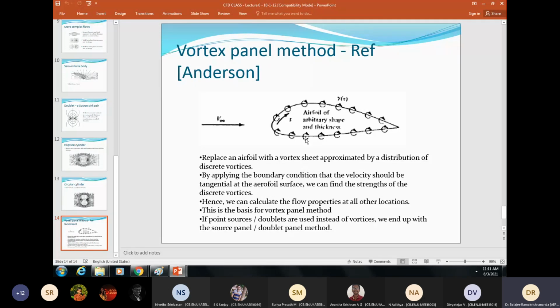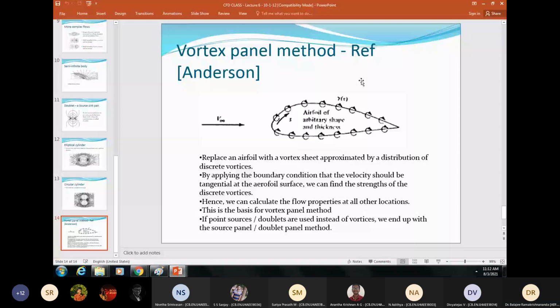Each of these will have an influence at all the points in the flow field. So at any point, it will be influenced by the free stream and every one of these vortices. Since phi is a scalar function of x and y, you just need to add all the potentials. You get the potential due to all the vortices. Substitute the x and y for that location, and you get the potential there. Then find dou phi by dou x, you get the u component, and dou phi by dou y will give you the v component.